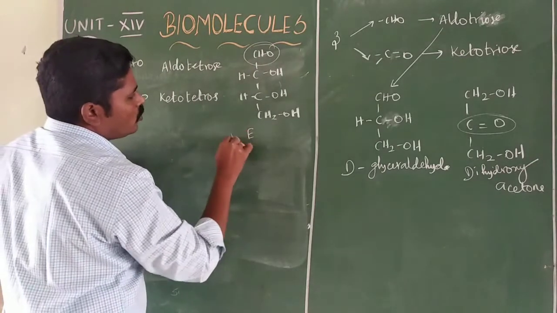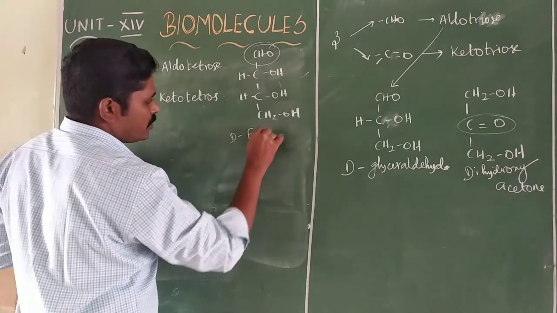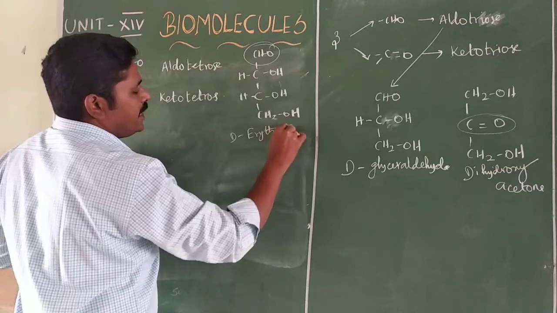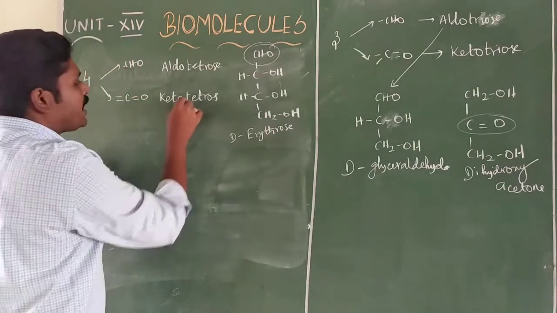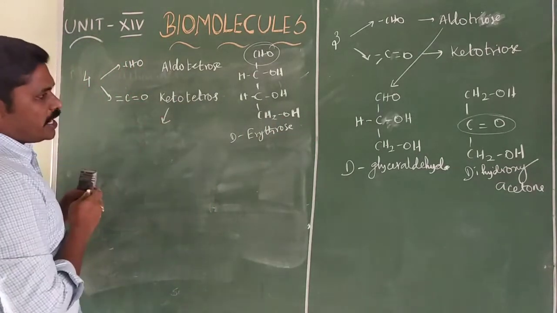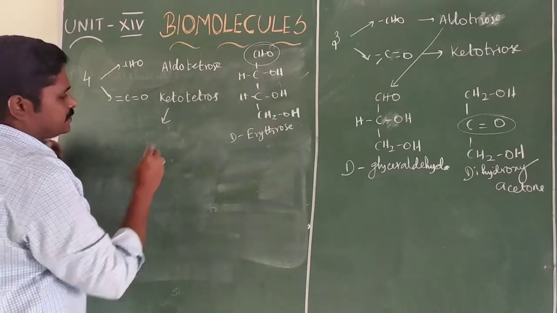So D-erythrose. And the ketotetrose is erythrulose.